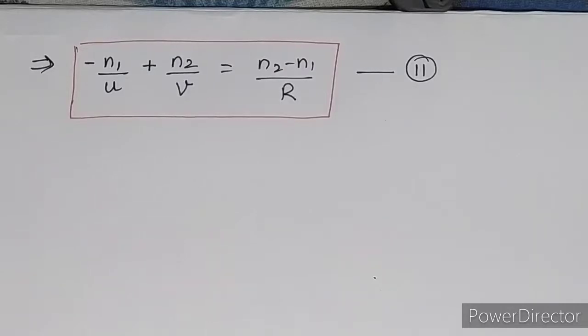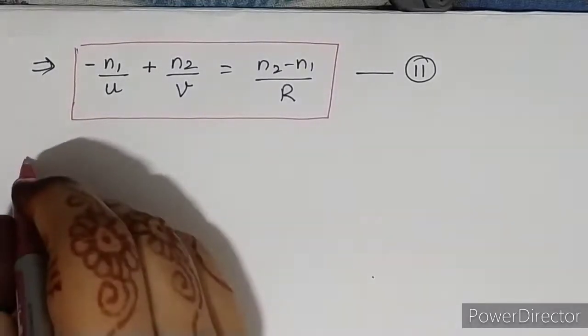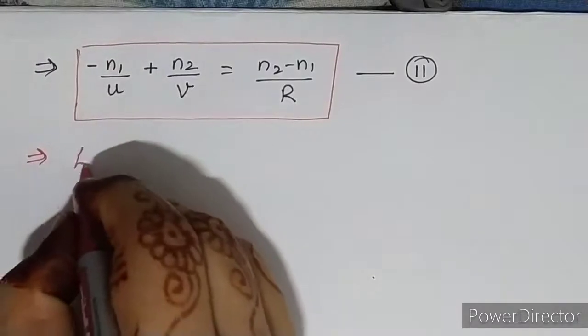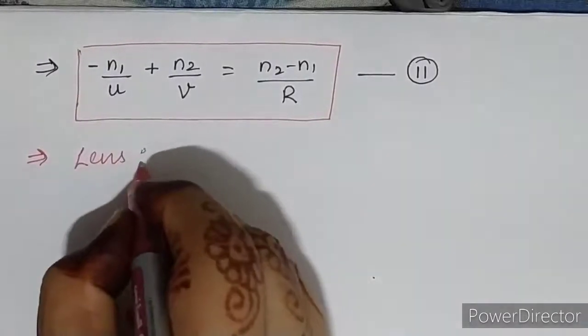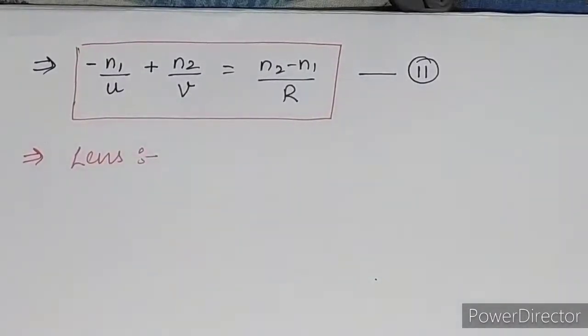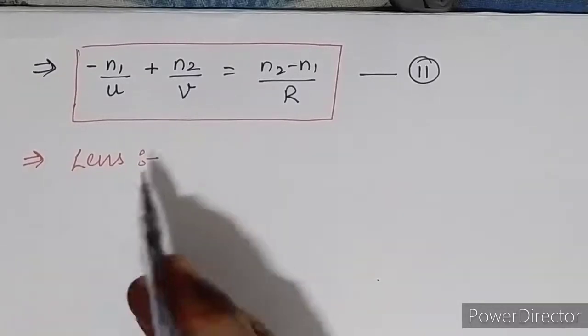Now further, the next topic we are going to start, and our today's next topic is lens. Now you know very well what a lens is. What is a lens? Two curved surfaces are there, and a transparent homogeneous medium is there in between them. So what is a lens?